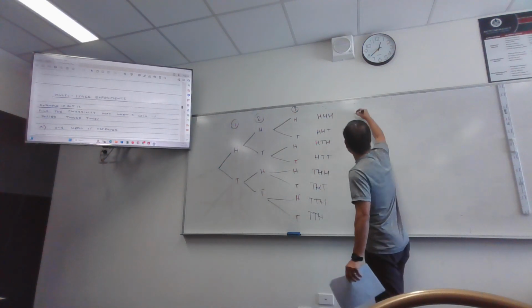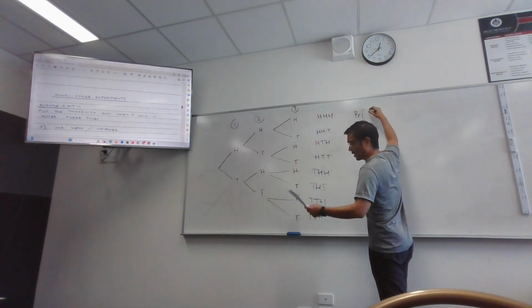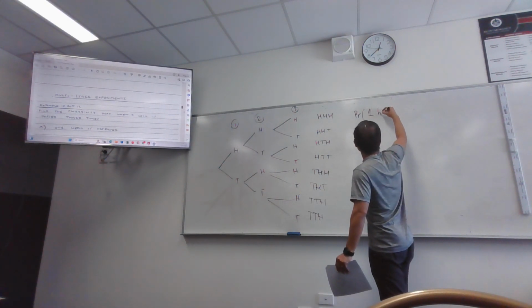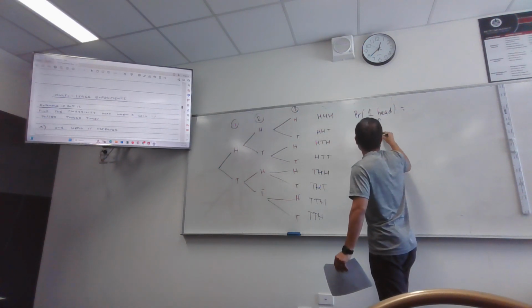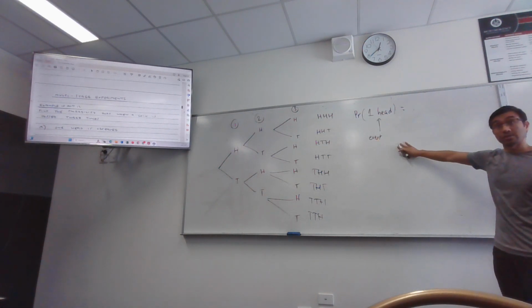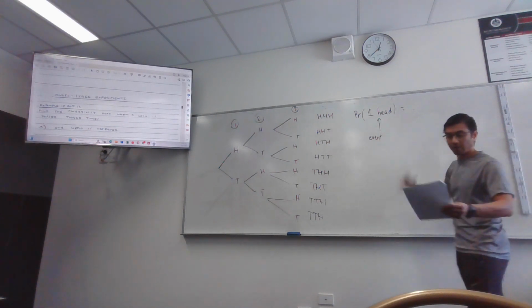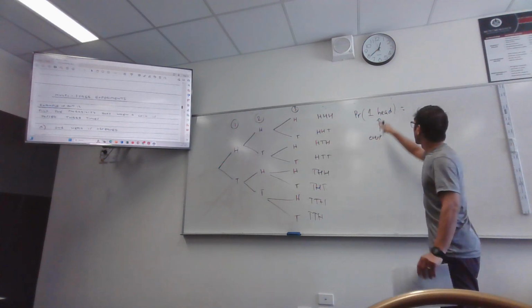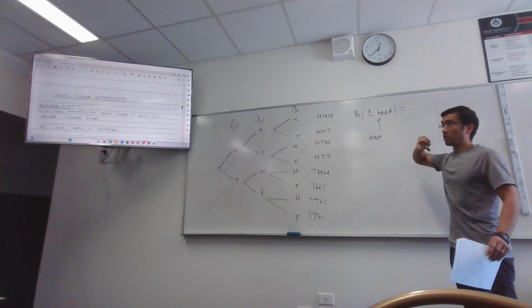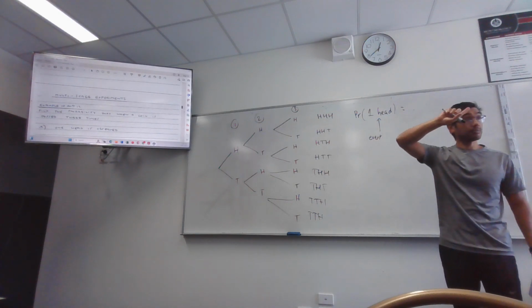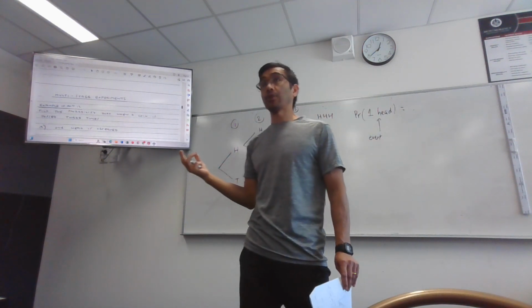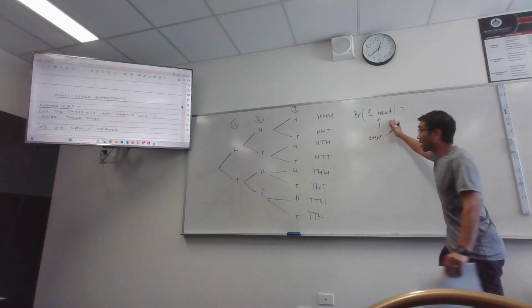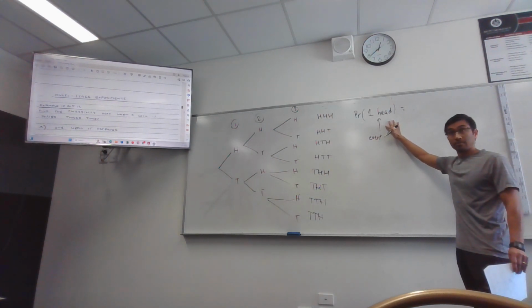So one head is observed. I'm only interested in one head. Remember, that's the event that we're interested in. In the bracket is what you're focusing on. If I want to get the probability of one head only, probability is a language topic predominantly. One head is one head only.